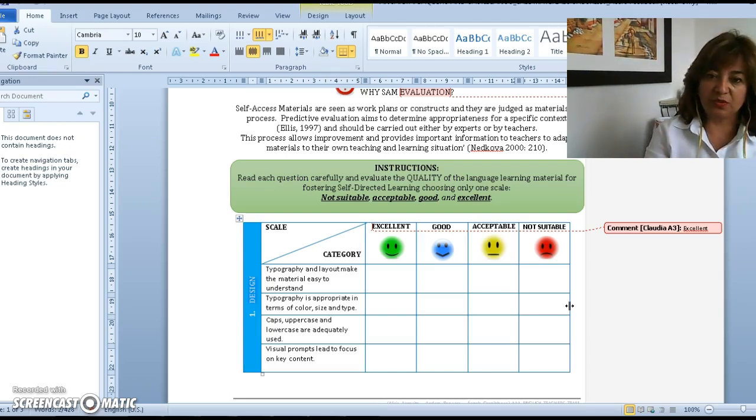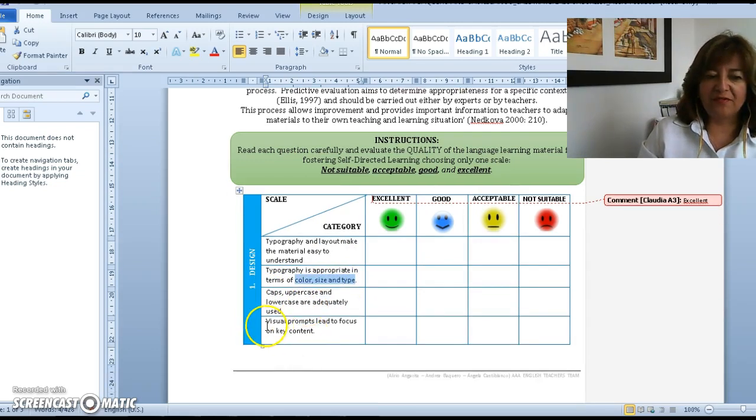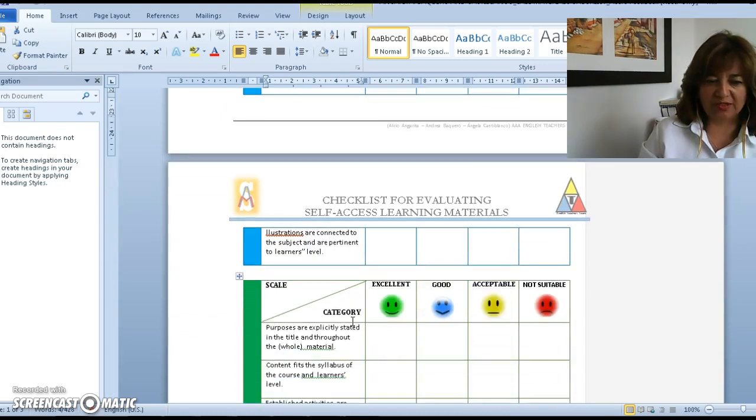But if you are working with children, probably certain icons can work. The design is an important issue, the layout. And in the layout we have the font, colors, size and types, capital letters, etc. And all of these visual supporters. So as a SAM, it can actually work.